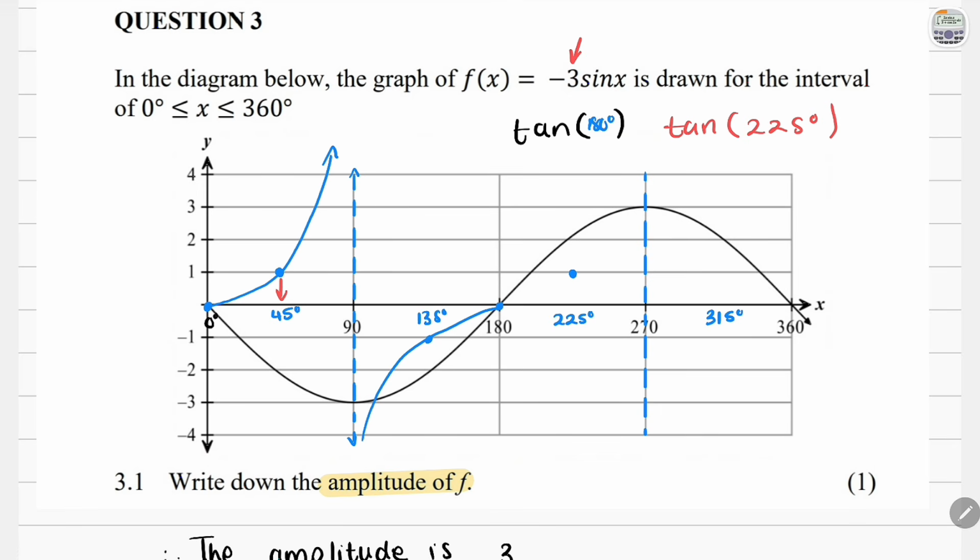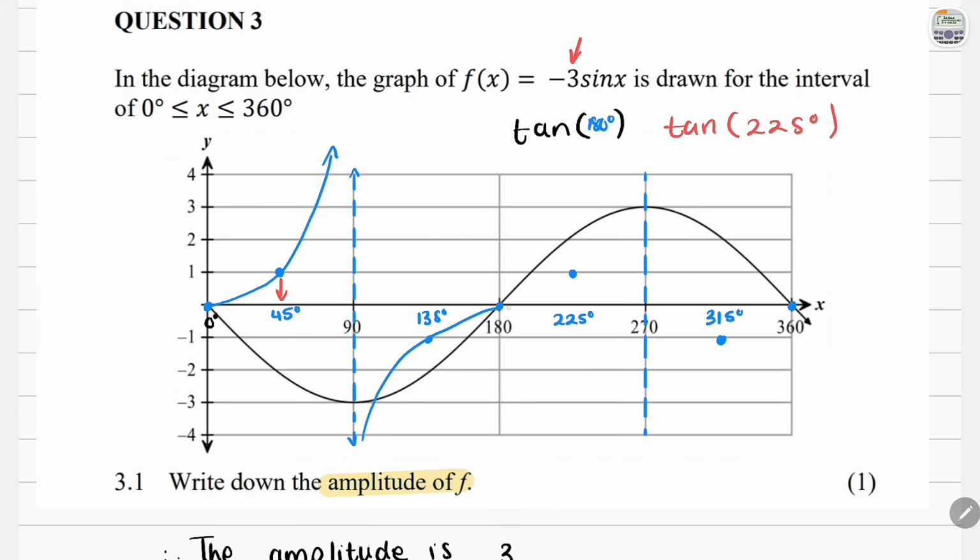And at 315 degrees, we're going to have a y value again of negative 1. If you went from here and you went 180 degrees ahead, you get to 315 degrees. So there we have a y value of negative 1. And then we're back at 360 degrees and 0. That is the repetition of 180 degrees and 0. So there we have a y value of 0.